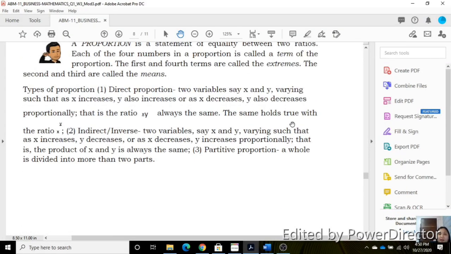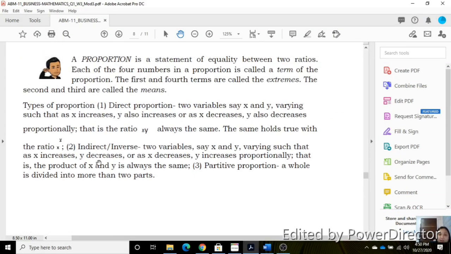And next, we have the indirect or inverse. Two variables, say x and y, varying such that as x increases, y decreases, or as x decreases, y increases proportionally. So that is, the product of x and y is always the same.